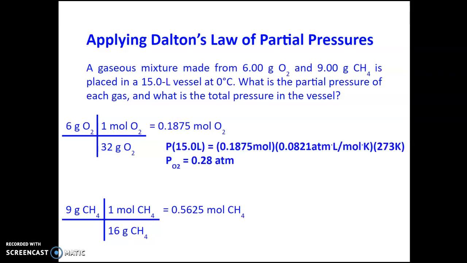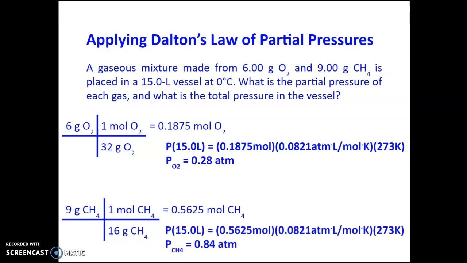I put in my unknown pressure as variable P, then I have my 15 liters equals the moles of oxygen, 0.1875 moles times the gas constant times 273 Kelvin. I'm going to multiply the right side together, divide the right side by the left side. That gives me 0.28 atmospheres, and that's the partial pressure of my oxygen gas.